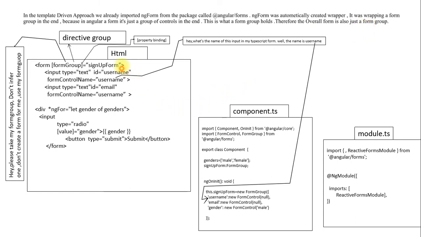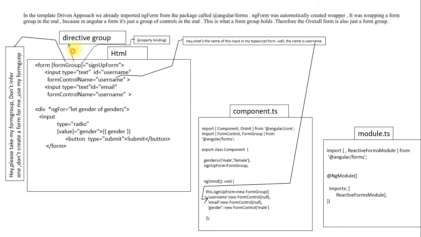So here in the HTML element, it's very clean HTML. You can see that there's a form with formGroup, and an input with type, ID and formControlName. Let's go to the first point, formGroup. What is formGroup?